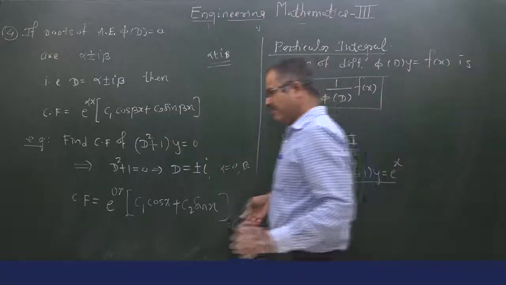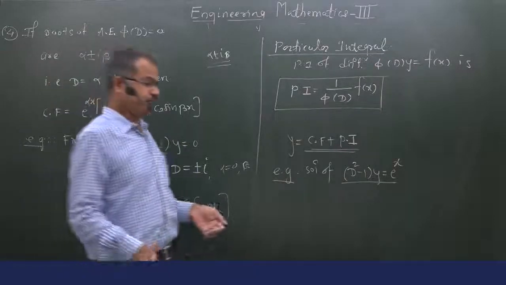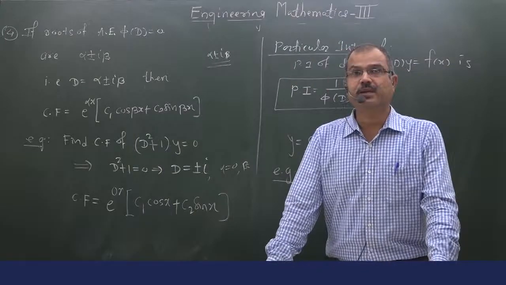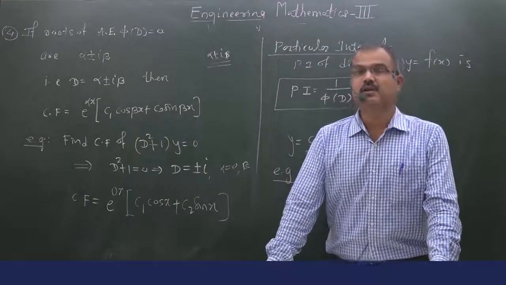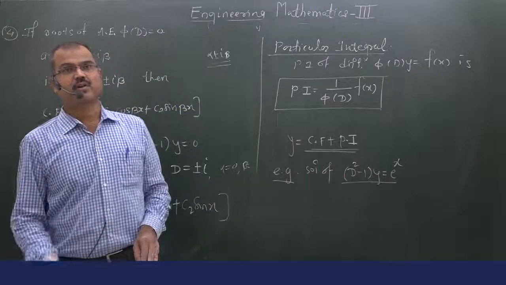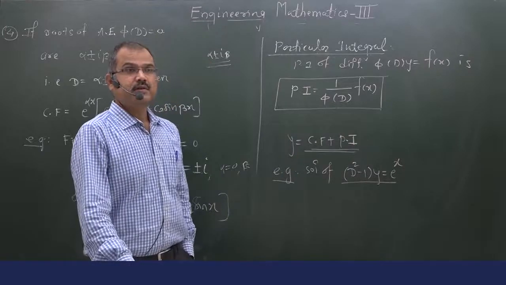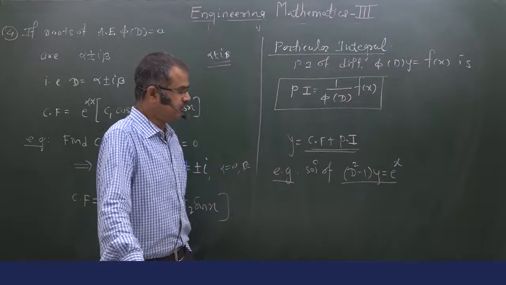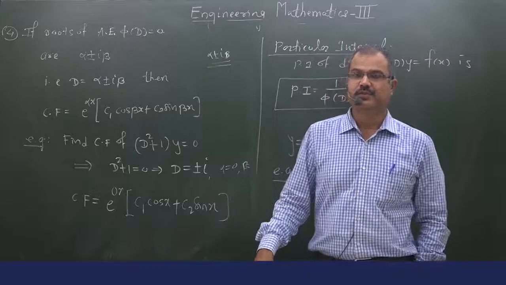There are some methods to calculate the particular integral of some standard or special functions. There are three different types of methods. First is the shortcut method, which is applicable for special functions like exponential, trigonometric, hyperbolic functions, or polynomials. Second is the variation of parameters method, and third is the general method.